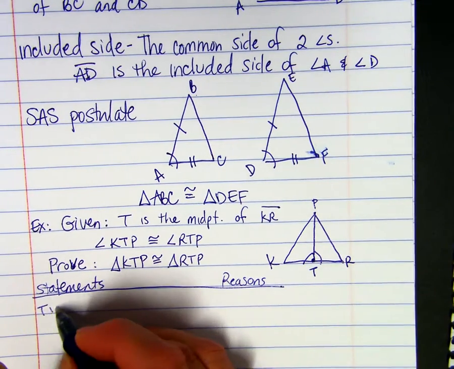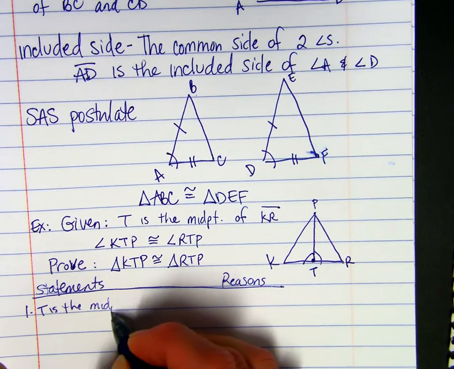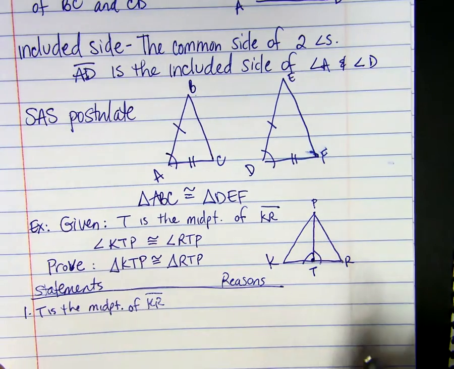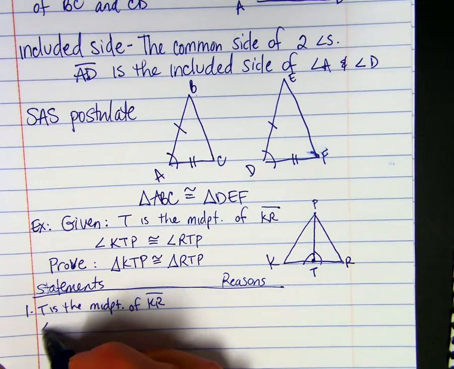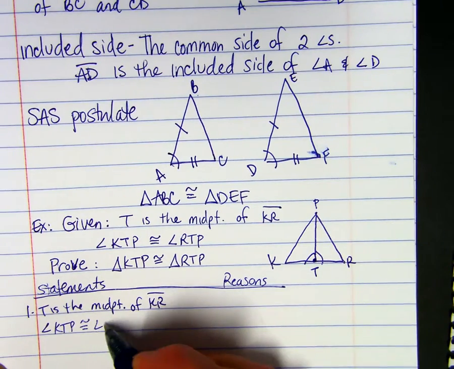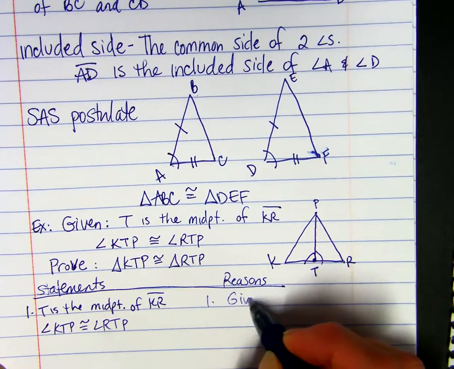So number 1, T is the midpoint of KR and angle KTP is congruent to angle RTP. And that was given.